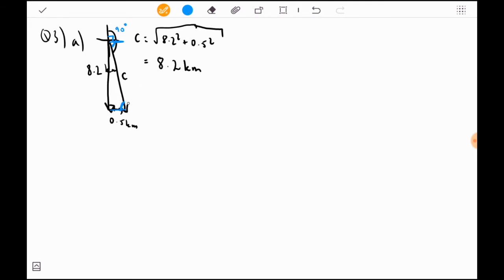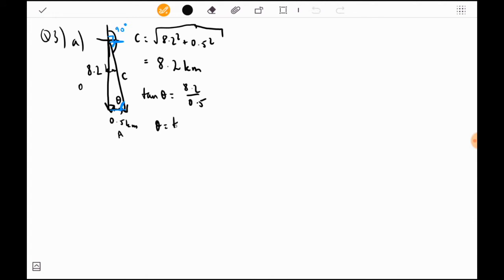So all we need to do is calculate this angle in here using, sorry, not Pythagoras, using trigonometry, and then we're all good. So this angle in here, we know the side opposite to it, and we know the side adjacent to it, so we can just use tan. So tan of this angle is equal to the opposite, 8.2 over the adjacent, 0.5.